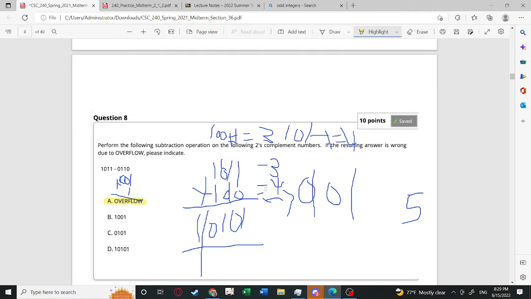But still, if you add a 1, this is a 5. This is a 6. But still negative 11. That's still wrong.